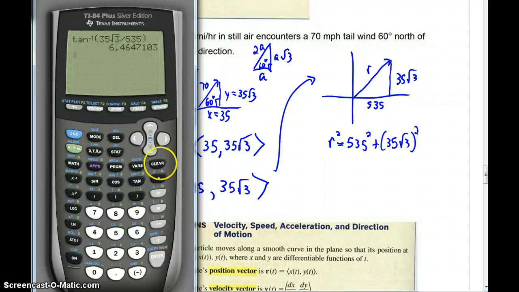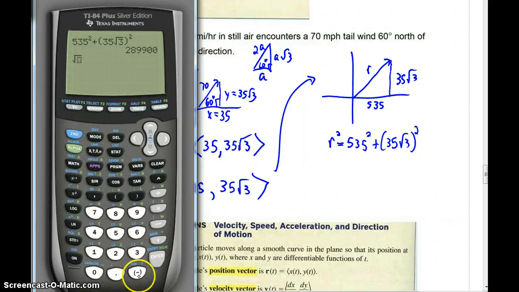Let's type in 535, square that, plus then we'll have 35 root 3, and square that. You can see we'd be at 289,900, but we'll take our square root of that.